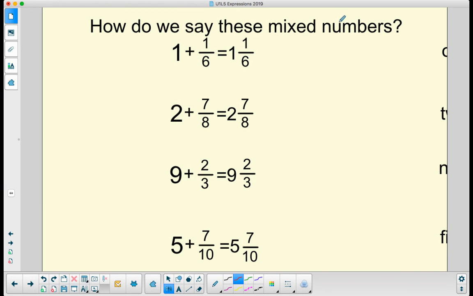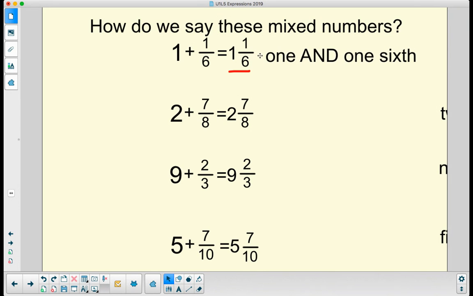So how do we say mixed numbers? If we had 1 plus 1/6, we have 1 and 1/6. And I have some made here that I can pull over. 2 plus 7/8 would be 2 and 7/8.